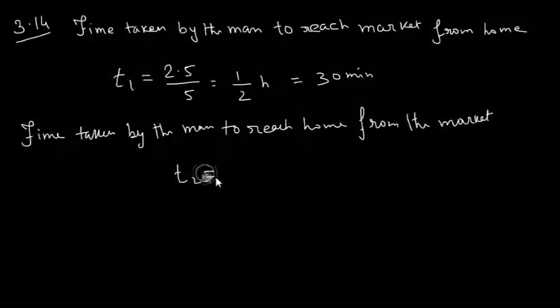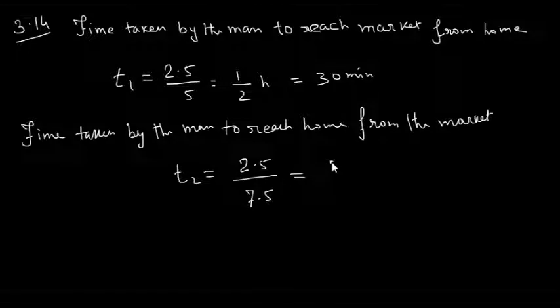T2 is equal to 2.5 upon 7.5, which is equal to 1 upon 3 hour, which is equal to 20 minutes.